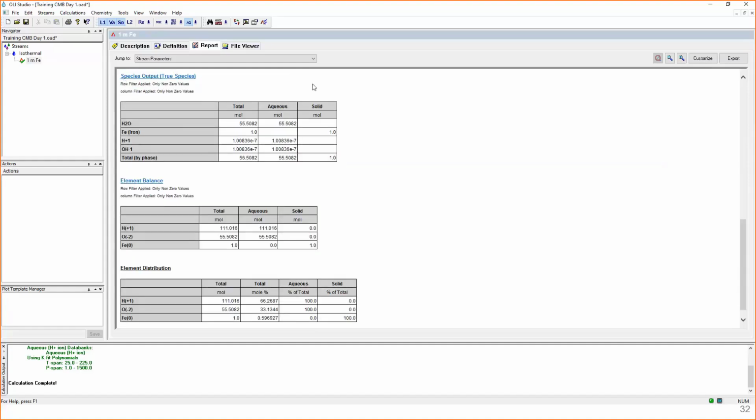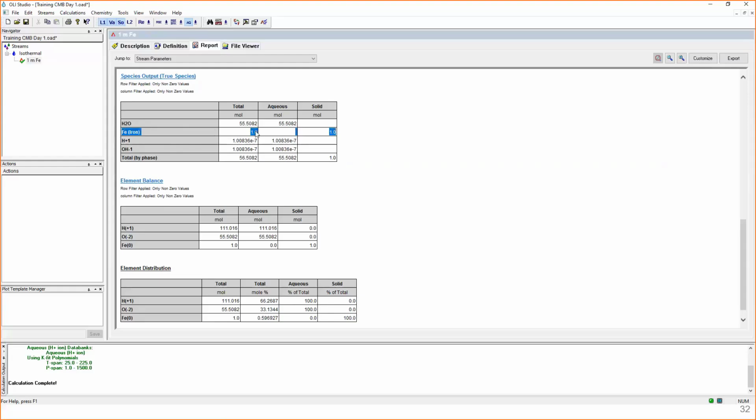We have the species output table. And this is important. This species output table is basically the speciation of your components in water. In this case, we are not having really a speciation because we added elemental iron. And you'll see that elemental iron, in this case, just didn't dissociate, it didn't create any cations.